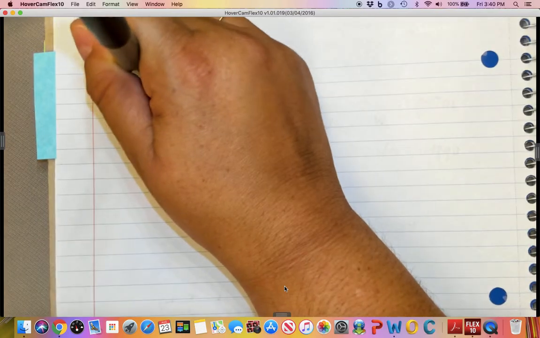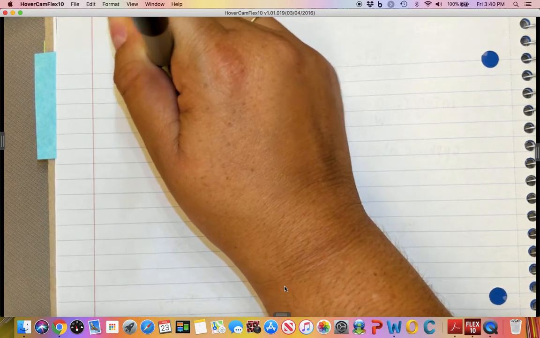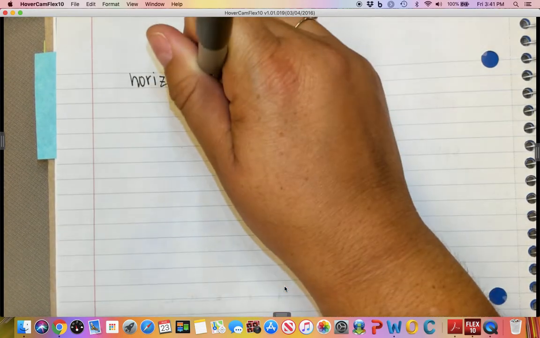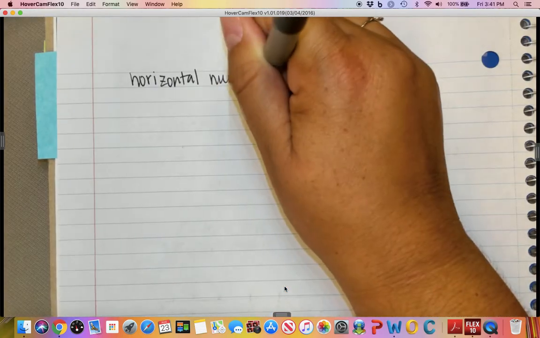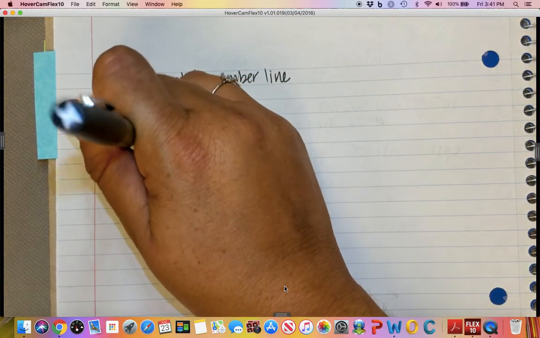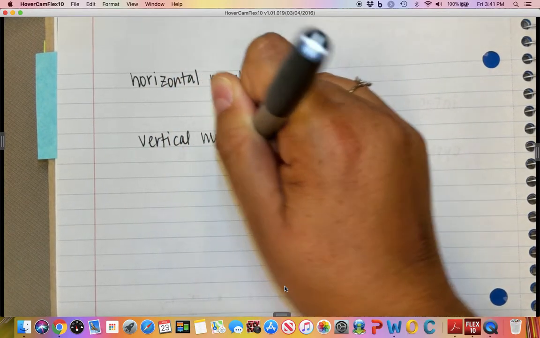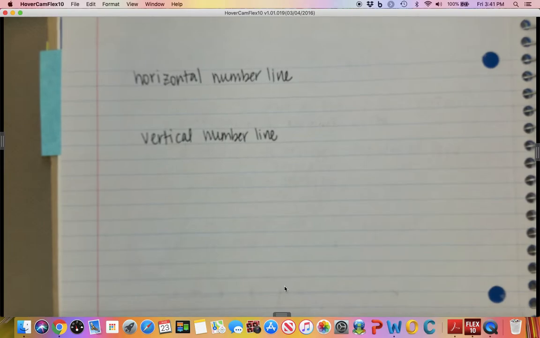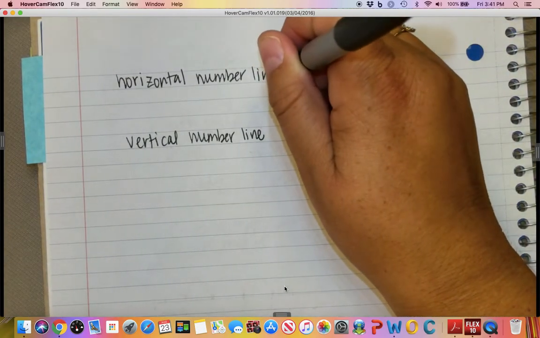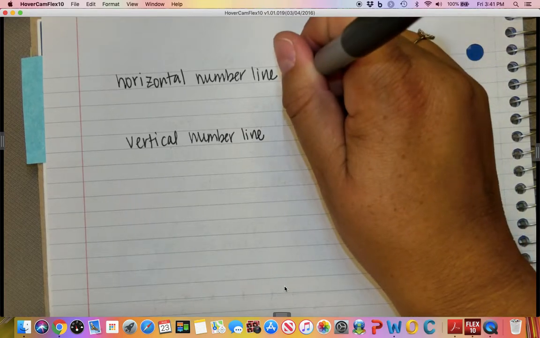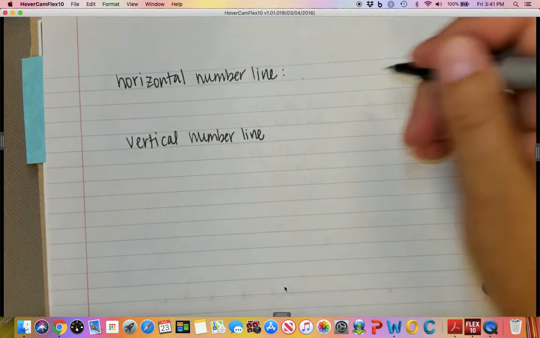And I'm going to talk about number lines. We just drew one, but there are two types. There is a horizontal number line and a vertical number line. And the horizontal number line is like a horizon.